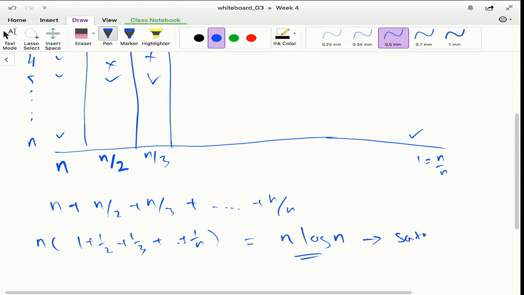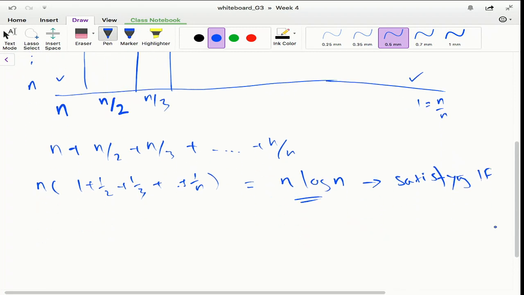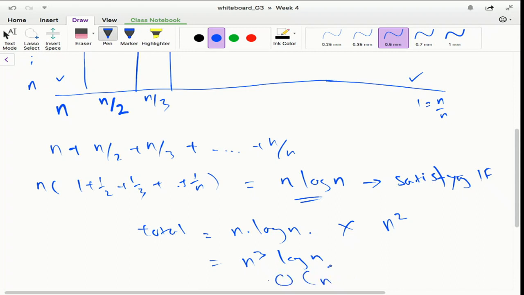So then the total will be the number of times that you satisfy the if condition multiplied by the repetitions that you need to do within that condition, which in this case is n squared. So then the total is going to be n cubed log n. So that's going to be the big O, which is n cubed log n.